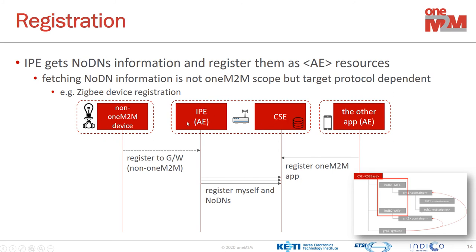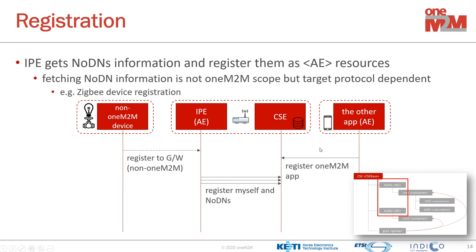You can see the icons that I mapped from the previous figure into this diagram flow. The assumption here is that the IPE as the software piece and the CSE as the oneM2M platform are running on the gateway physical device. It doesn't have to be, but this is just an assumption. And there is the registration.